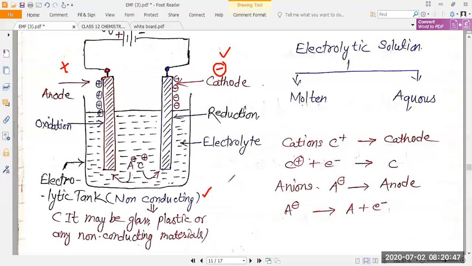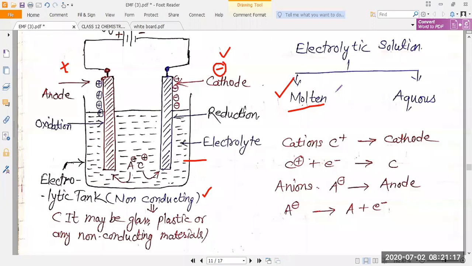And electrolytic solution is filled in the electrolytic cell, and the electrolytic solution is actually the solution of an ionic compound. So electrolytic solutions may be of two types. The first is molten electrolytic solution, and the second type is aqueous electrolytic solution.